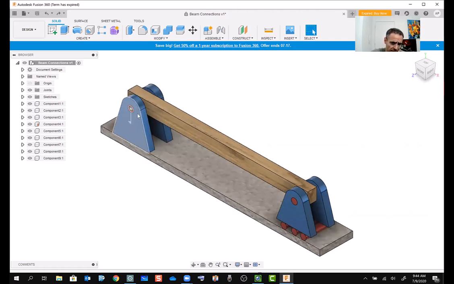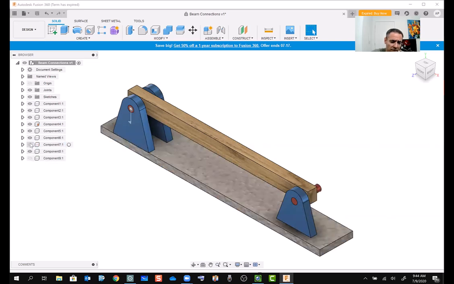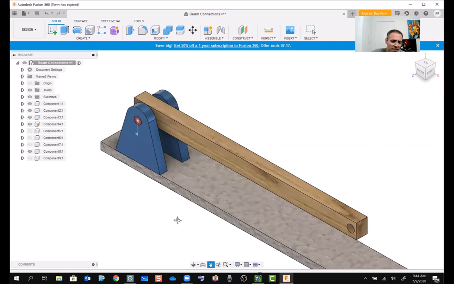So let's say this joint, if I remove the roller one, let's say it's gone for now, not that one, this one, we don't need that one, right? When I have the pin and I try to move this lumber to the left or right, I cannot.